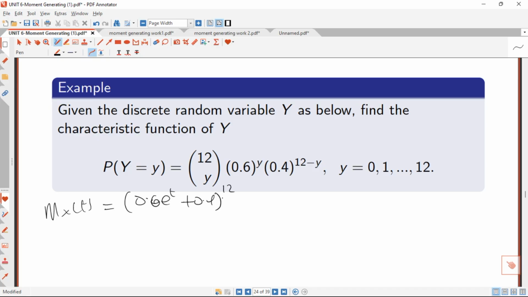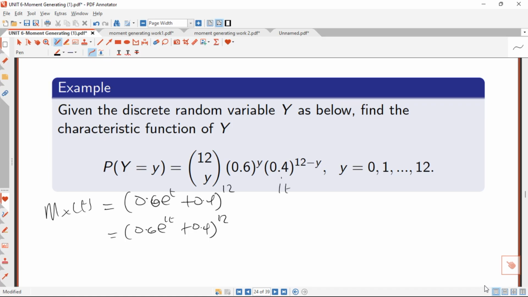So basically what the theorem is also telling us is that once the moment generating function exists, wherever you see t, we just replace that place by it. So here we are going to get 0.6 e raised to the power it plus 0.4, all raised to the power 12. So that is what we are going to have.